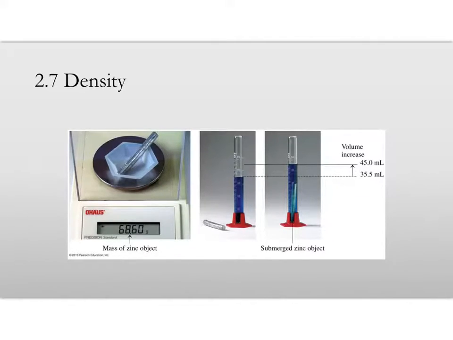So the first thing to do is to take any object, for example, this one here, and measure its mass, because again, density is mass divided by volume. So you use a balance to measure the mass. The volume for solid objects is measured by water displacement.